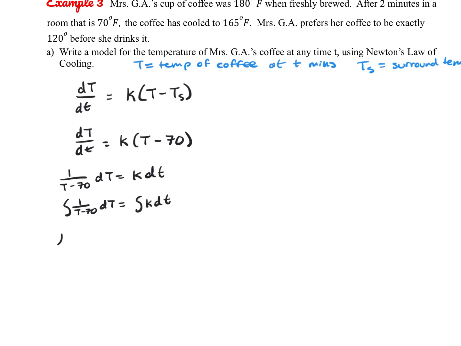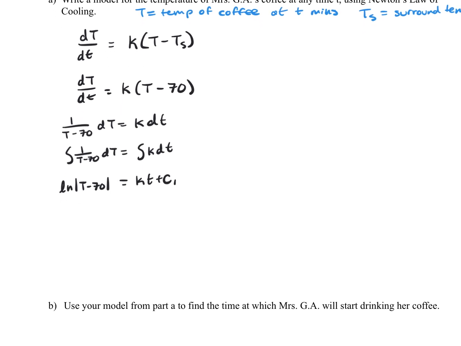And that gives us the natural log of the absolute value of T minus 70 equals kt plus c1. Then we're going to go through this process again of rewriting in exponential form and splitting up our e term.